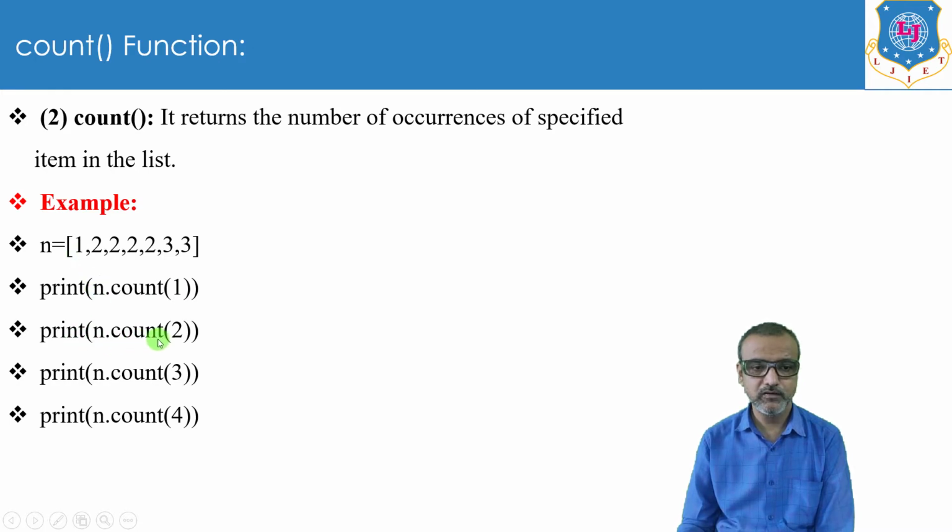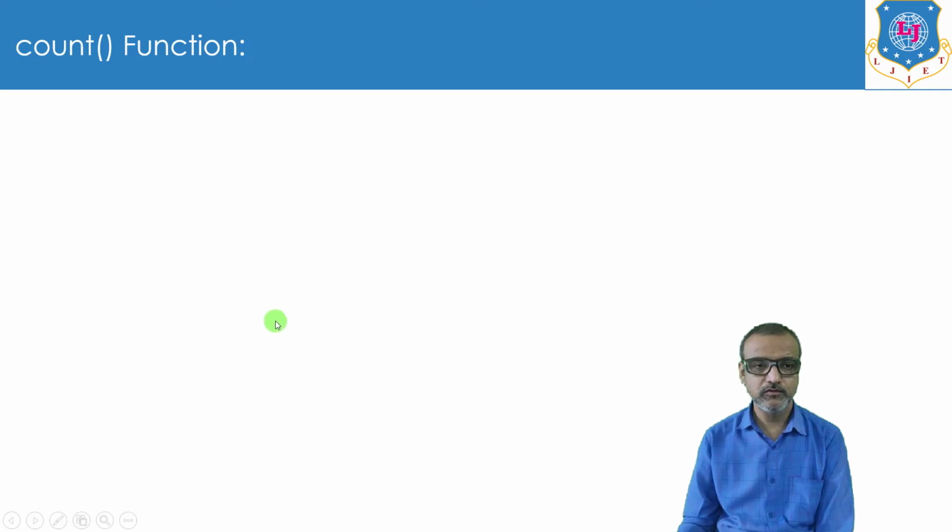Print of n dot count 2 will give us output as 4 because 2 is four times. Print n dot count of 3 will give us output as 2 because number 3 is two times present in the list. Now finally, print of n dot count of 4 will give us 0 because 4 is absent in the list. So the output is 1, 4, 2 and 0.